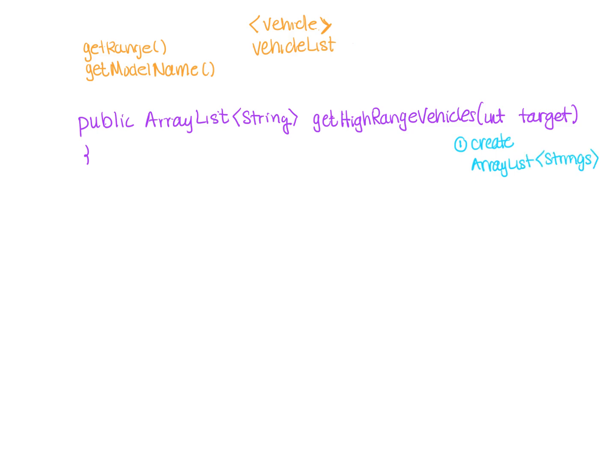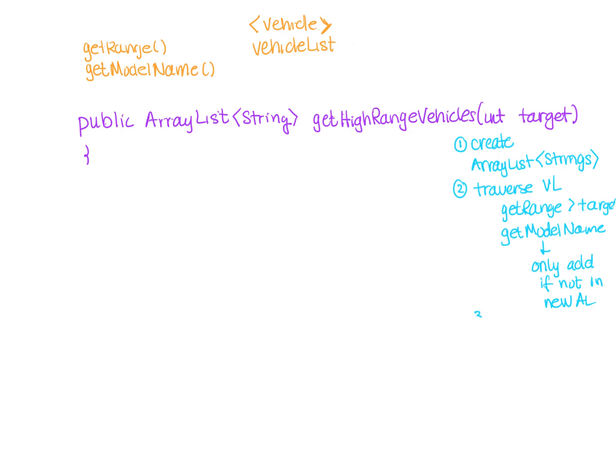Next, we traverse vehicleList and use getRange to see if it's bigger than the target. If it is, we get the model name, and we traverse the new list again to make sure it's not already in the new ArrayList. Lastly, we return that ArrayList.